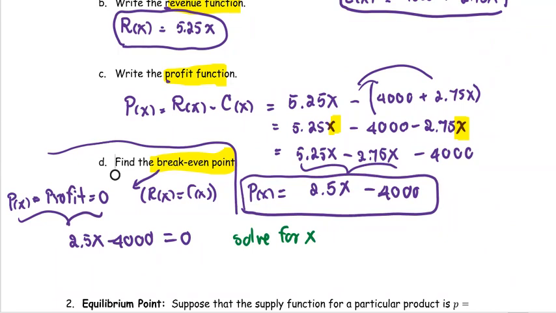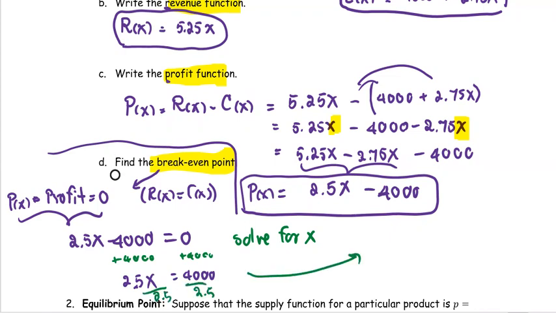As you did with the algebraic procedure, add 4,000 to both sides of the equal sign, and then you get 2.5x equals 4,000. To have x alone, you divide both sides by 2.5. What do we have? x equals 4,000 divided by 2.5.